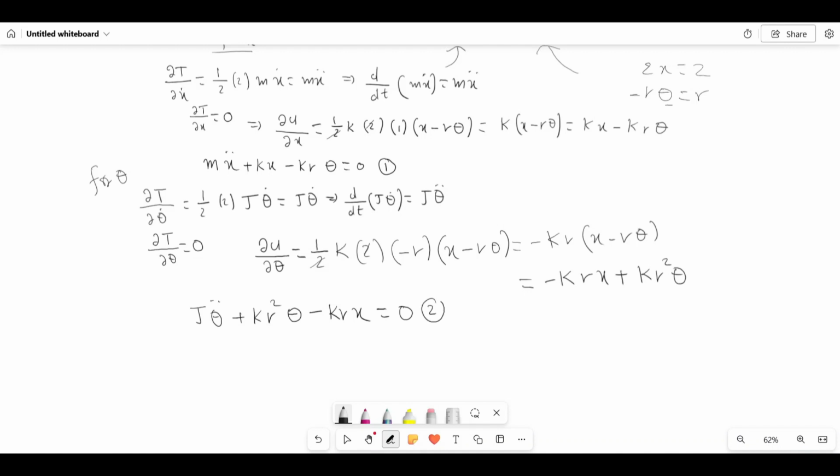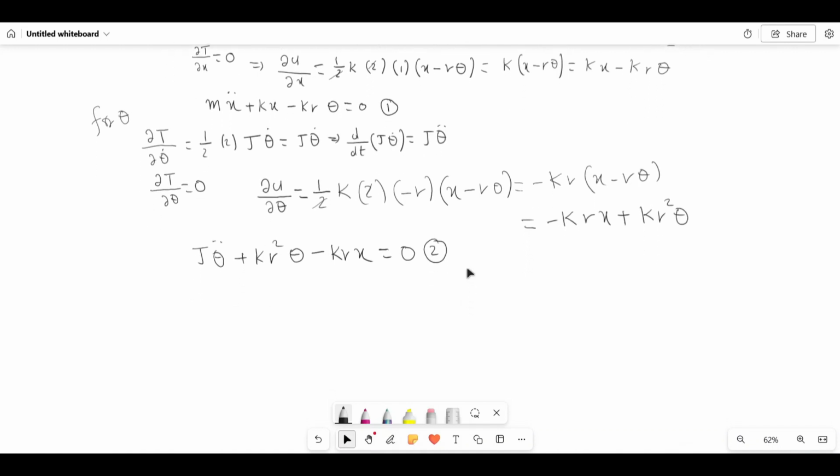This is equation 2. So let's write it in terms of matrix form. So what are we going to have? Before writing it, I just prefer to recall both equations to see what I'm writing. The first is m x dot dot plus kx minus kr theta equal to 0.